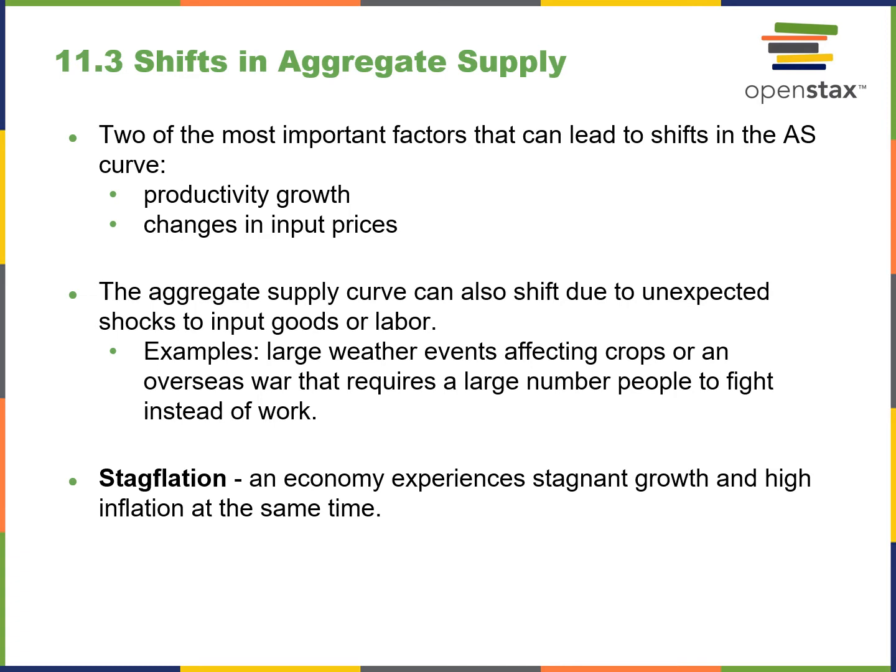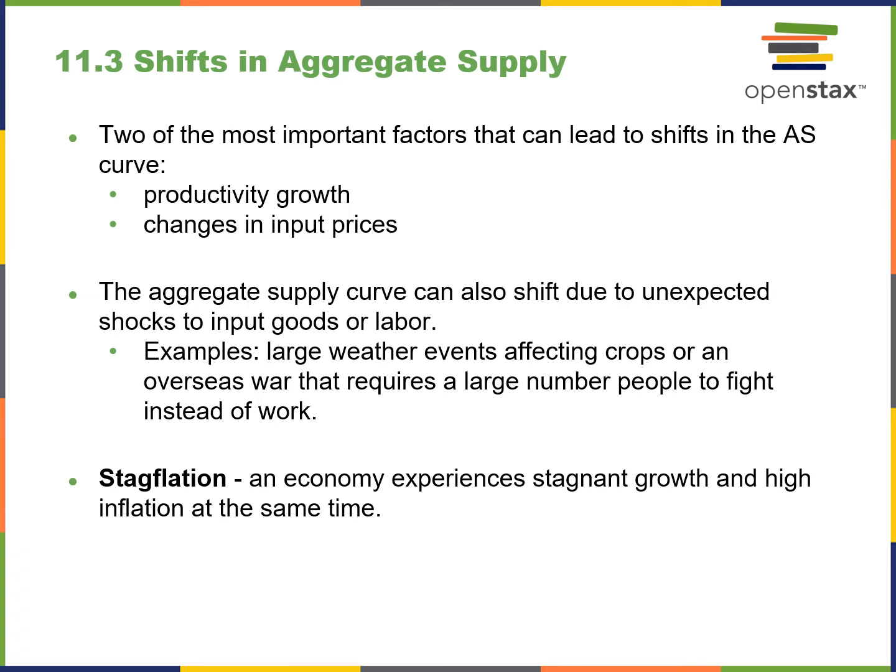Two factors that can lead to shifts in the aggregate supply curve are productivity growth and changes in input prices. The supply curve could also shift due to unexpected shocks to input goods or labor.